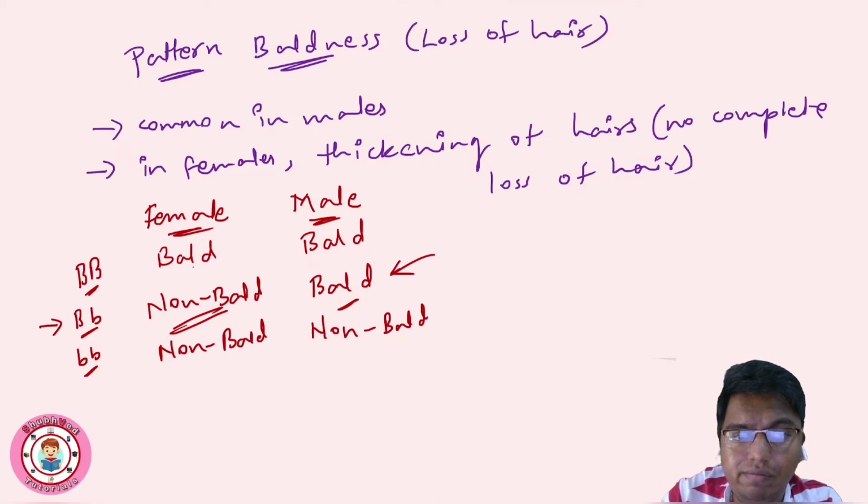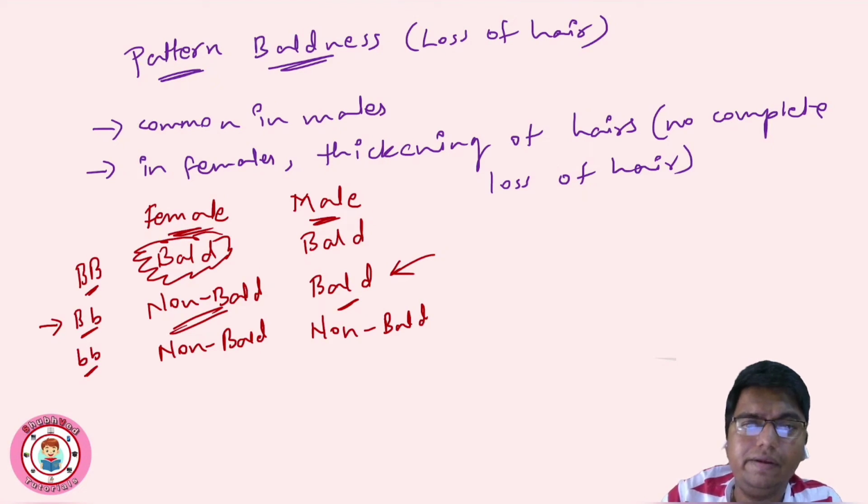A female will suffer when this is the dominant condition, and then we will see thickening of hairs. There is no complete loss of hair. We can see some areas having loss of hair, but not complete loss.